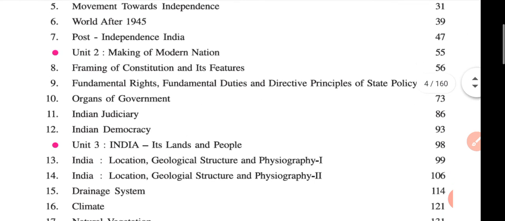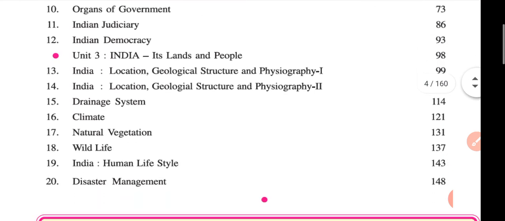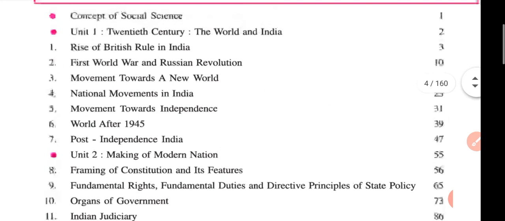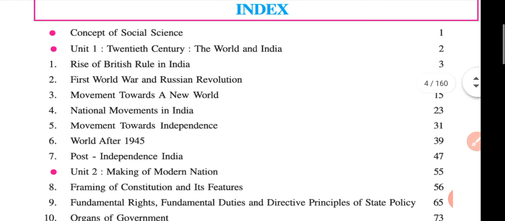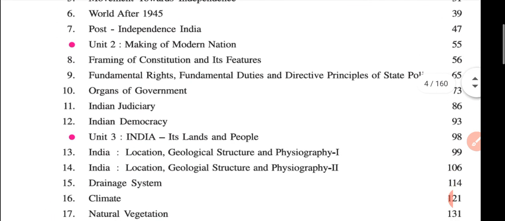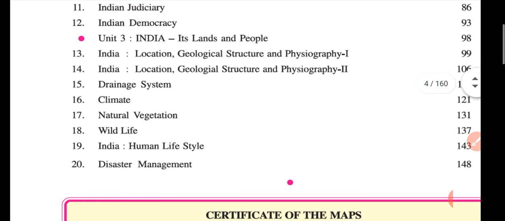Then we revise the civics part, then we revise the geography part, and then we start the new chapter. Clear? First we will start the revision of first, second, and seven, then 8, 9, 10, 12, then 14 and 17.